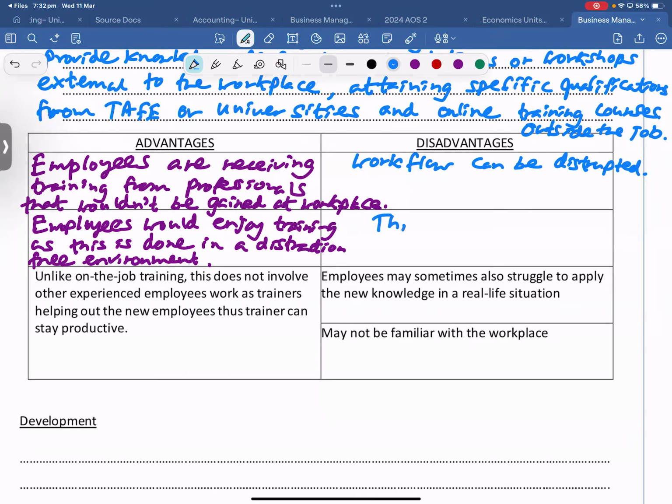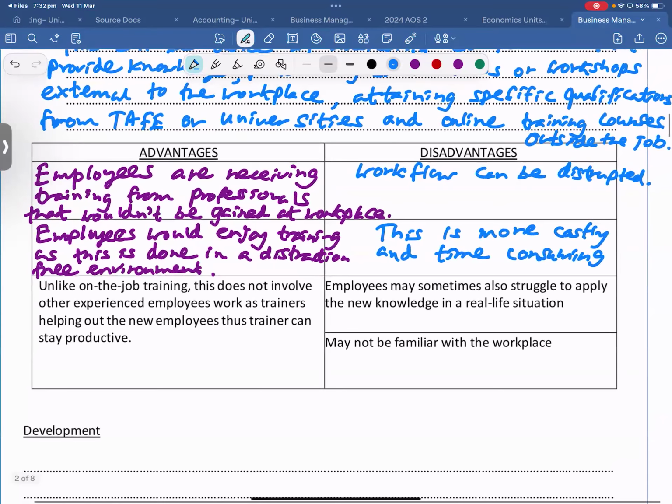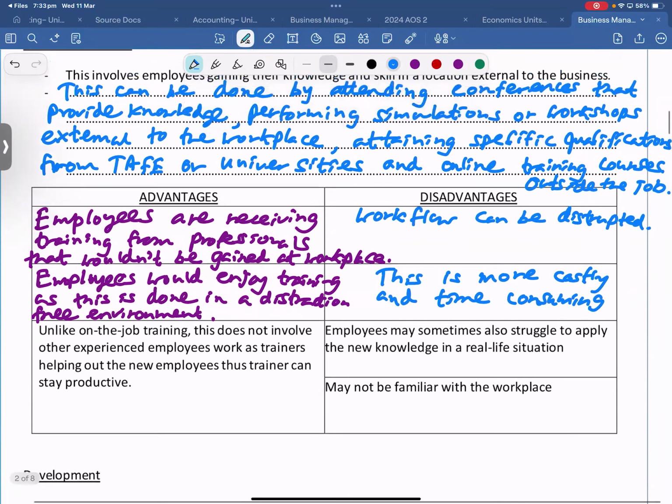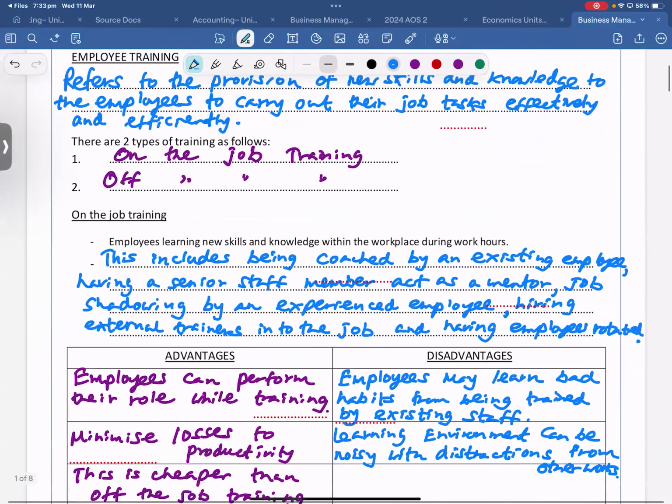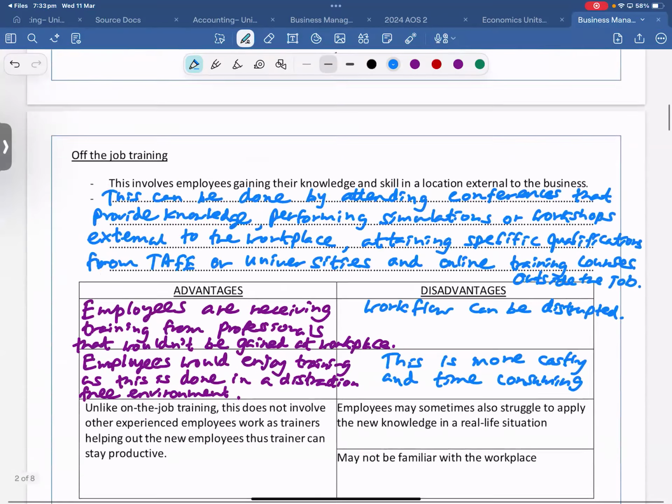This is more costly and time consuming. Okay, now you can read it, both the on the job and off the job. I'll explain it.